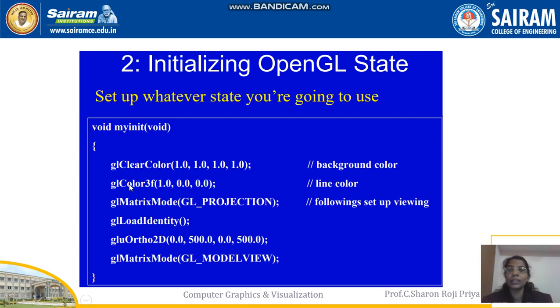And next is glColor3f, it is for the foreground color, that is my drawing color. The 3 stands for the primary colors RGB, three parameters. Then glMatrixMode, GL_PROJECTION. I'll be loading my identity matrix, and gluOrtho2D is the viewing function for my 2D view.